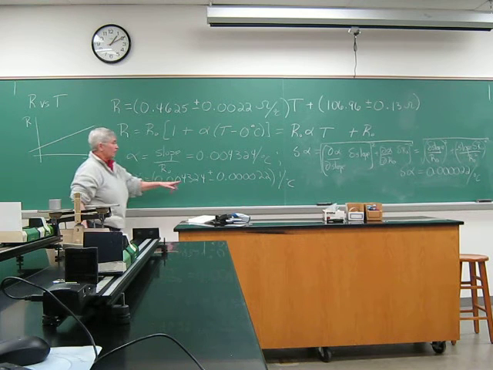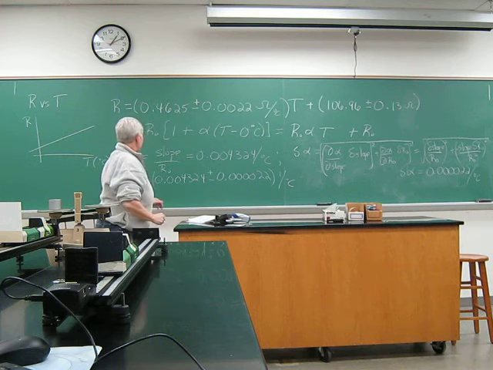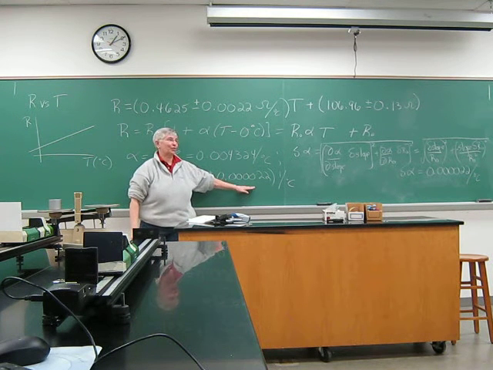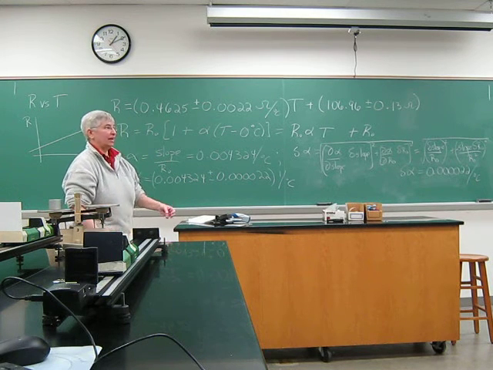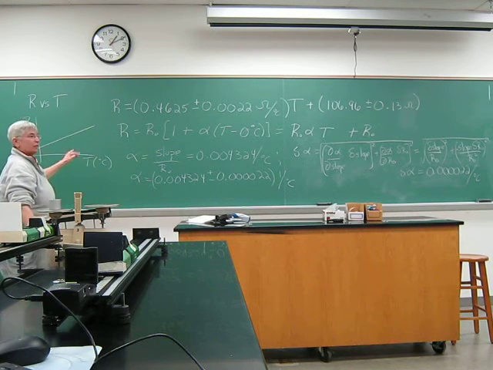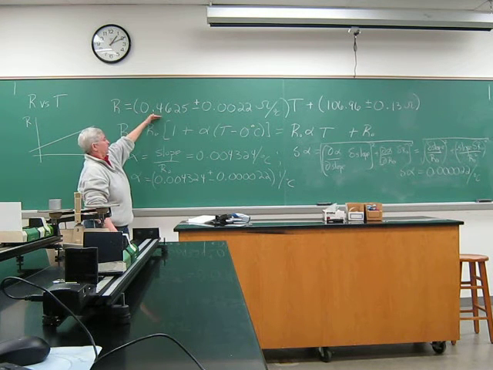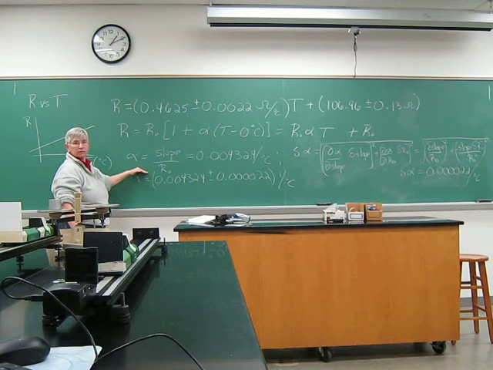I like to call, just so that we can distinguish the uncertainties, I like to call this the result uncertainty for alpha. Because how did I get it? I got it by analyzing the results somehow. It came not directly from the graph, it came through information about the graph and a calculation. But it's still heavily dependent on the results. Okay?